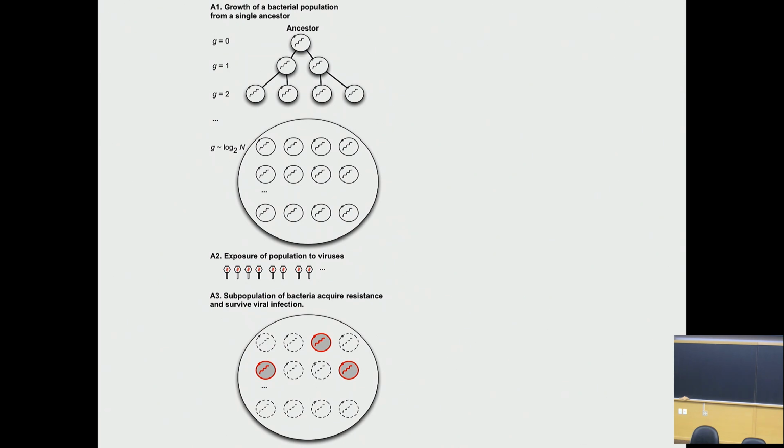And so that bacteria will survive the interaction and propagate, and on your plate you will see a colony of resistant bacteria. And in this example, there were 3. So this is a notion that mutation and selection are intertwined, that mutation depends on selection. And you might think, if you know anything about biology, well, this is crazy. I'll say in a moment why not so crazy. And certainly this was not well understood at the time.